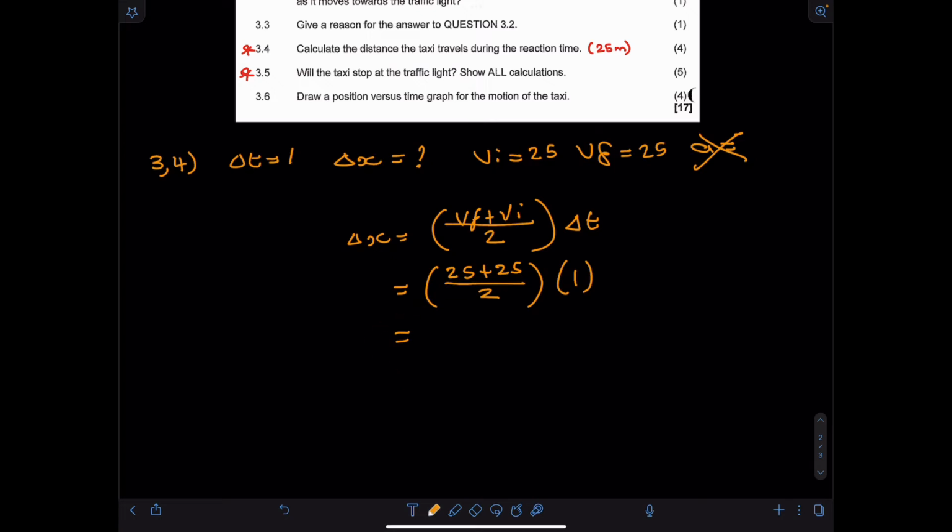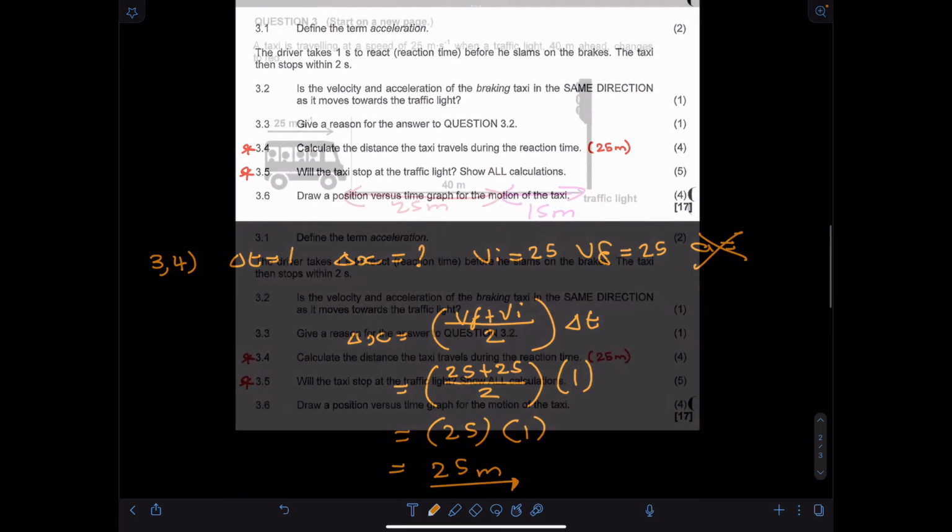So it's good to lay out your questions nicely. And then this is going to be 25, multiplied by 1 will give you 25 meters in this case. Don't forget to fill in your units of measurement, right? So yeah, that's question 3.4.